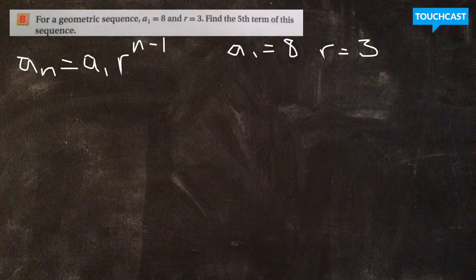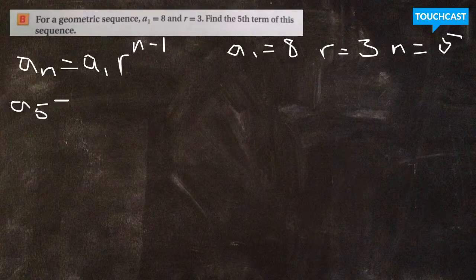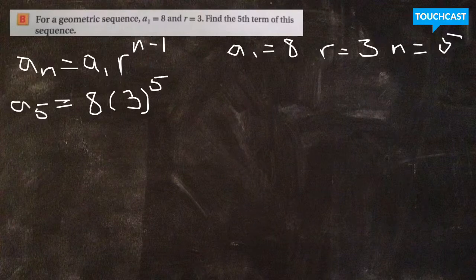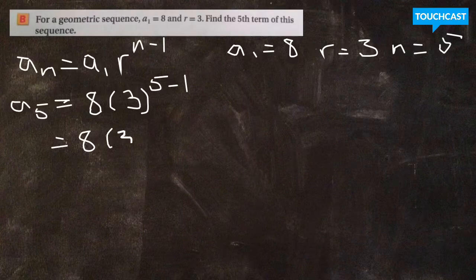We're looking for the 5th term, so n is equal to 5. So we're looking for a sub 5 is equal to 8 times 3 to the 5 minus 1, or 8 times 3 to the 4th power.